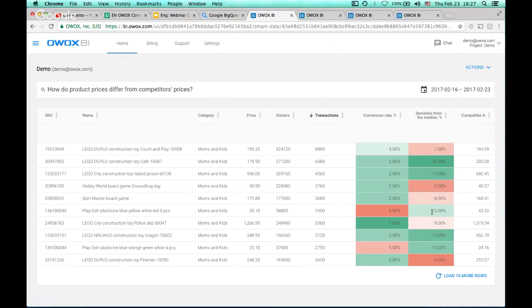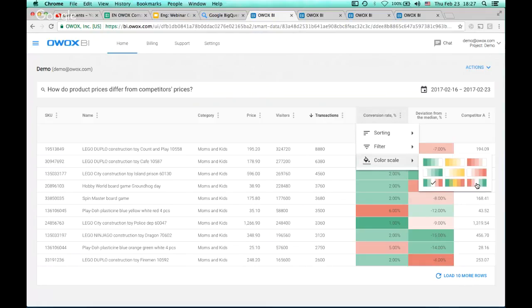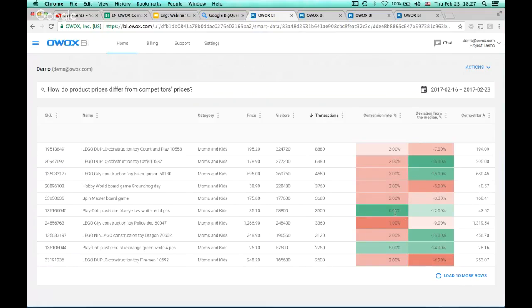Let's correct it a little bit like this. So we see that when the price is lower than the market and lower than the price that our competitors set, we have a higher conversion rate for some products.